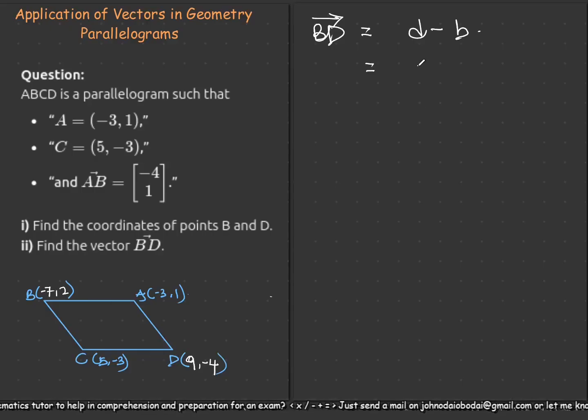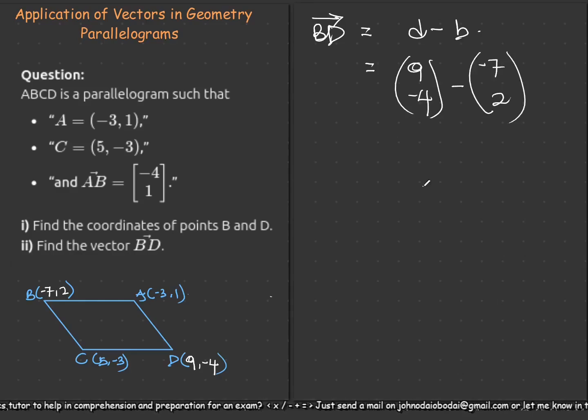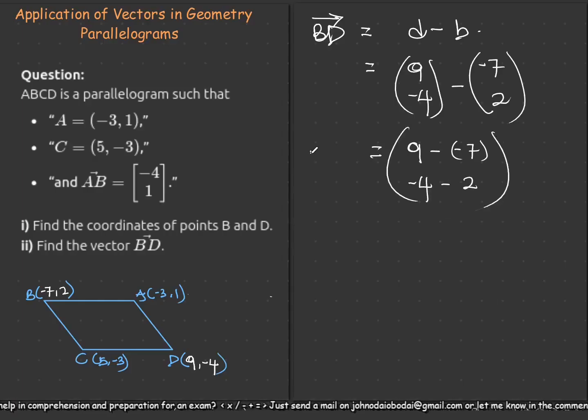So our D, which is (9, -4), minus the B, which is (-7, 2). You just need to take your time and then evaluate. So we have 9 minus -7, then -4 minus 2, and that will give us BD.